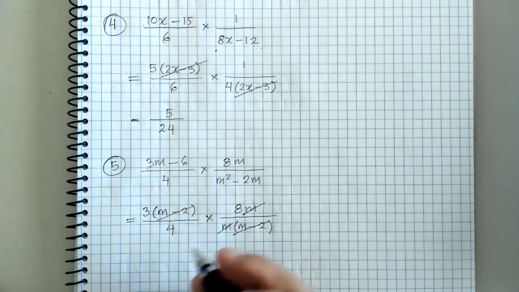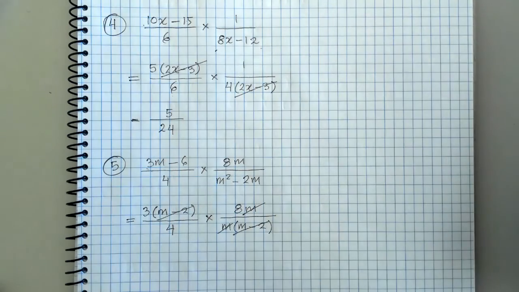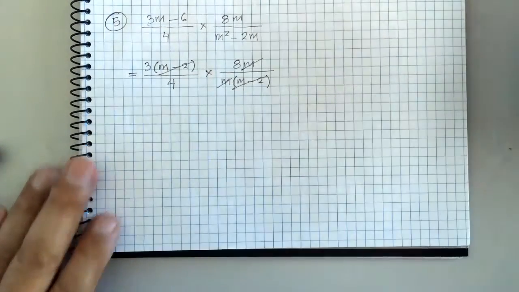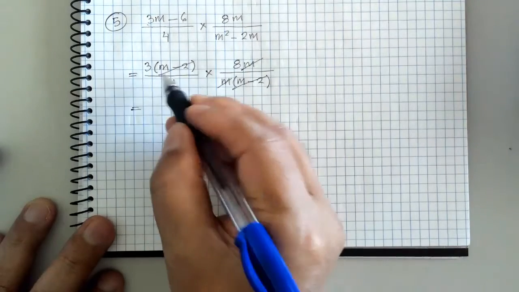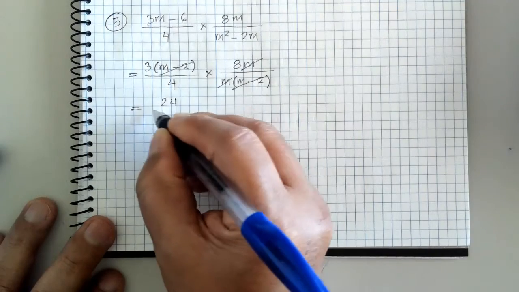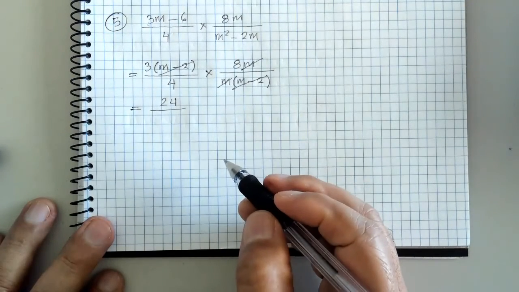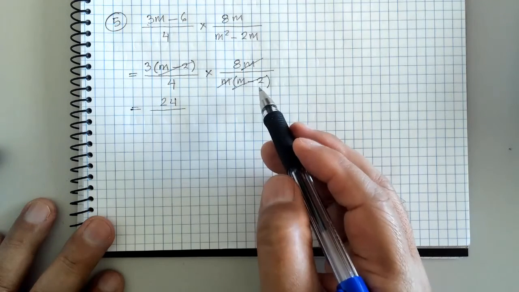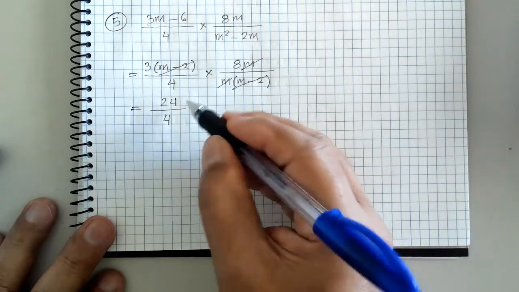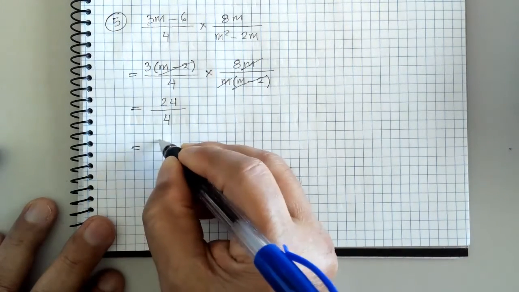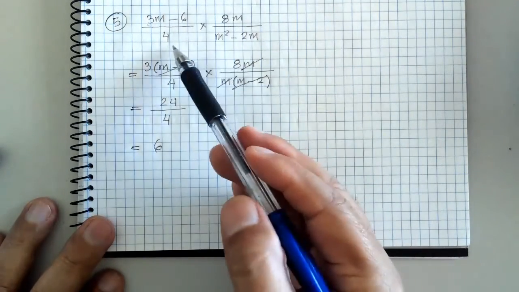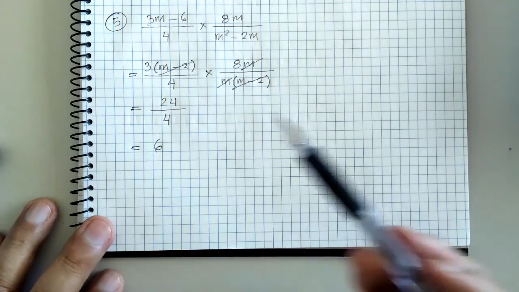So we can simplify this, but what I'm going to do, give me 1 second, I'm going to multiply across, so 3 times 8 is 24, and then we divide the answer by whatever is left at the bottom, which is 4, and 24 divided by 4 is just 6. So the answer for this expression is 6.